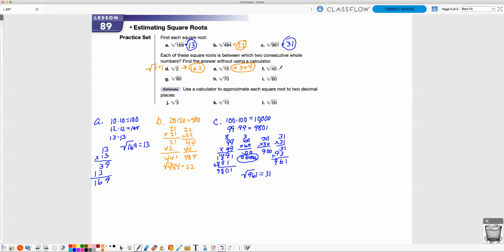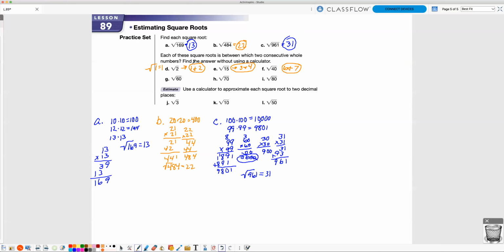Letter F, the square root of 40. So perfect squares, we know that 6 times 6 is 36, and 7 times 7 is 49. So that means this has to be between 6 and 7 for the two consecutive whole numbers.